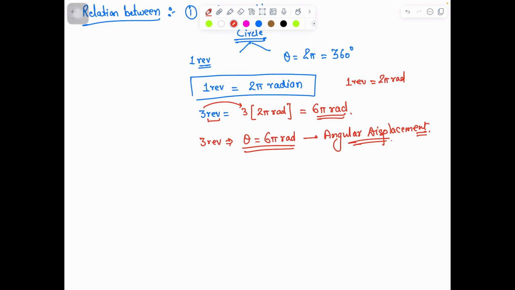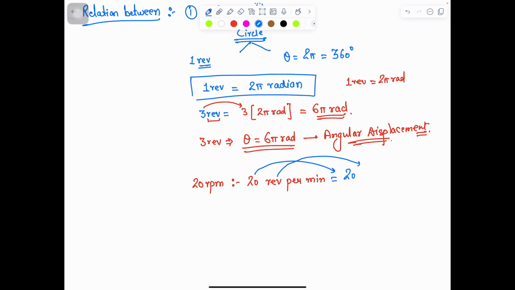Okay, let's say you have a question, and sometimes in the question they will give you, let's say, 20 RPM. First we need to understand what is the meaning of 20 revolutions per minute. How many things do we need to convert? First we need to focus. 20 will give you 20 revolutions.